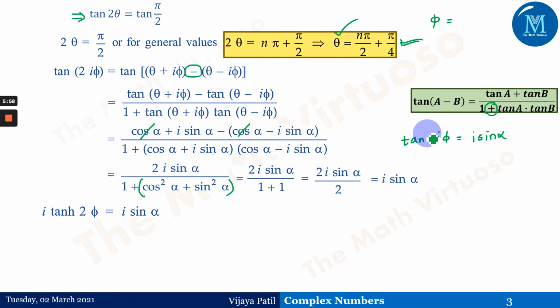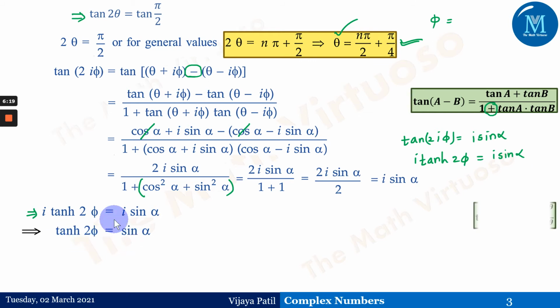Right? Now, what is this? This tan of 2i phi is nothing but i times tan hyperbolic 2 phi, and we are equating it with i times sin of alpha. Whatever this is, we have discussed it. The same thing, the i will go off from here, and you will remain with tan hyperbolic 2 phi is equal to sin alpha.